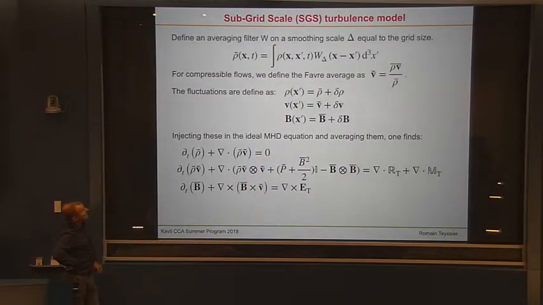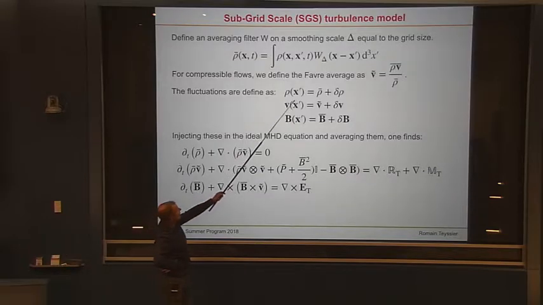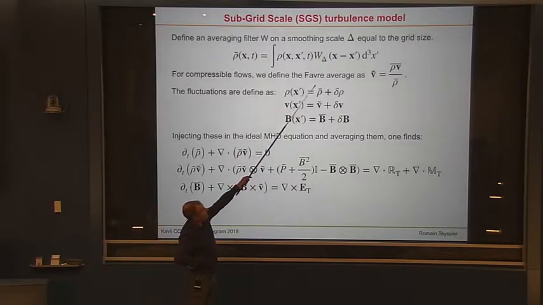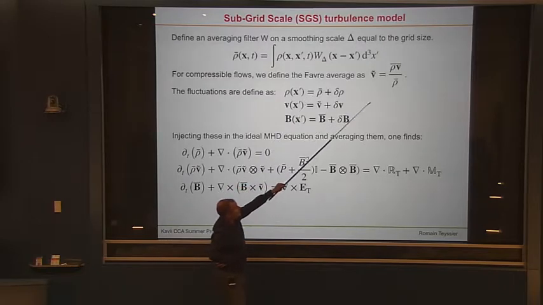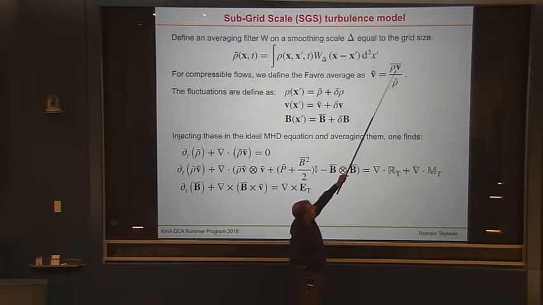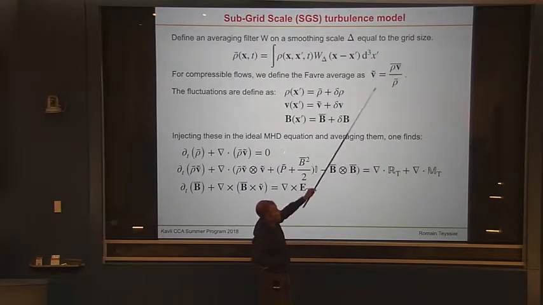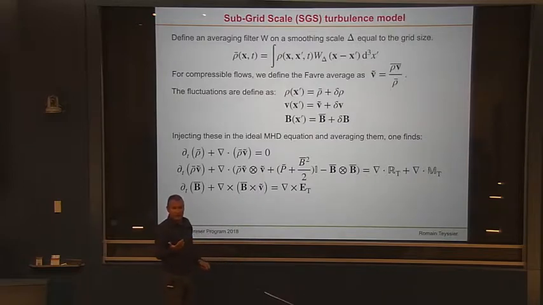Okay? So for compressible flows, again, in astrophysics, you're dealing with compressible flows. You can also define a new average, which is called the Favre averaging, which is the average of rho v. So it's basically the momentum divided by the average density. And that gives you the Favre average velocity.